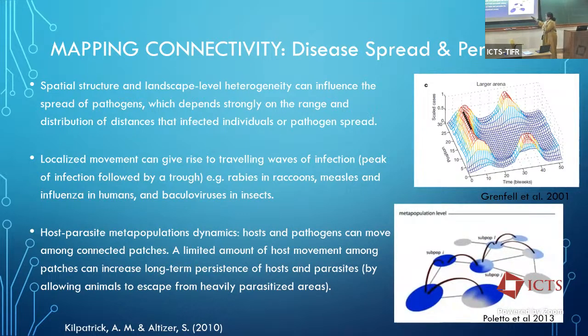So you have these patches, and then you have connections between these patches, and hosts and pathogens move among connected patches, okay? But what leads to persistence that people have found is that even a small amount of host movement across patches increases the long-term persistence of both hosts and parasites in a landscape by allowing some individuals to escape heavily parasitized areas. Yeah?